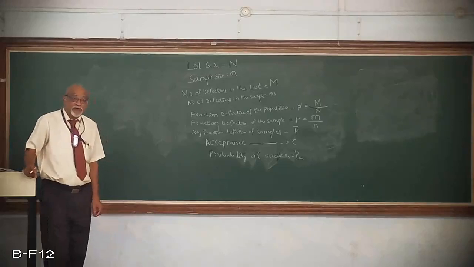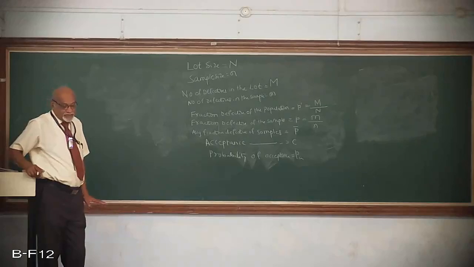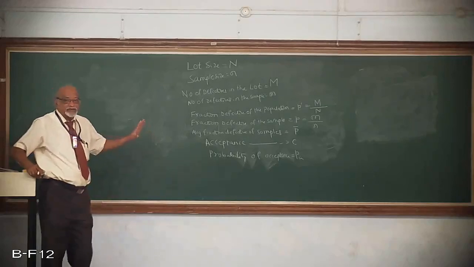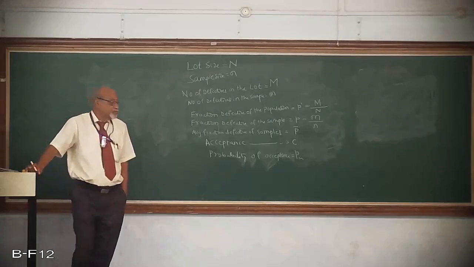Depending upon the sample size, that is small n, and the fraction defective. It depends on that. So, what is the probability of acceptance? The probability of acceptance of the lot is 95%. Means what?